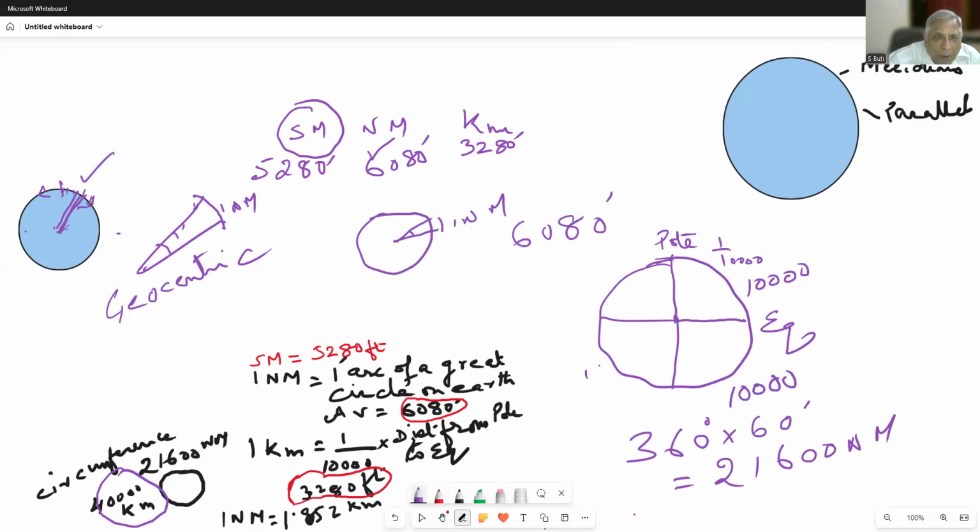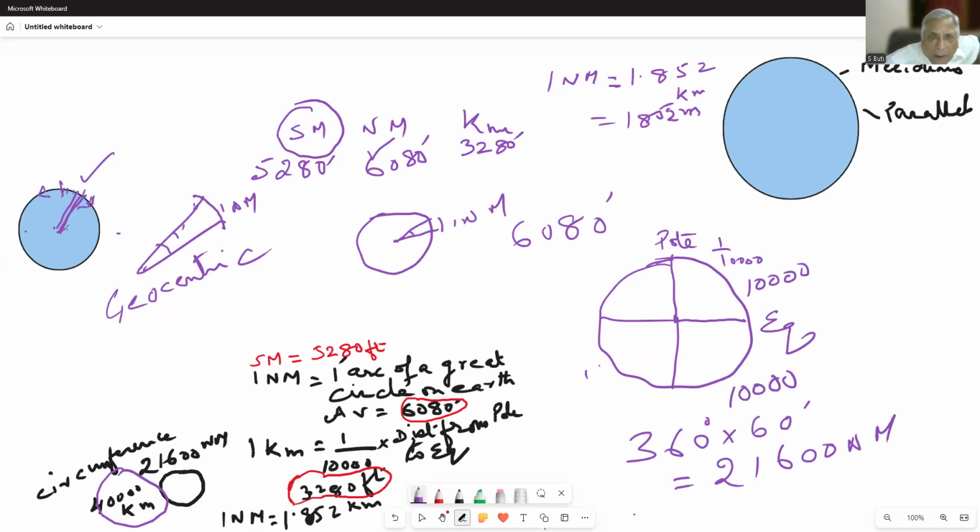For your quick mental calculations, although you can do it on a nav calculator also, 1 nautical mile is equal to 1.852 kilometers, which is equal to 1852 meters. That is the ICAO definition, 1852 meters.